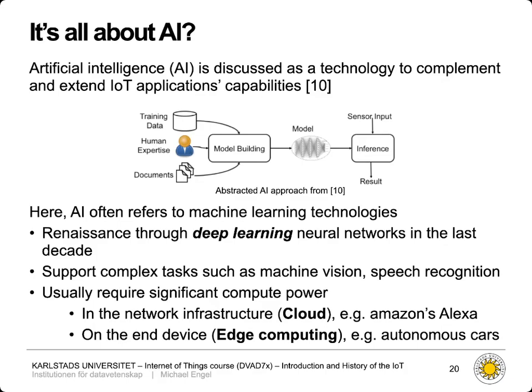So, combined with the higher computing power enabled by Moore's law, these AI approaches actually enable neural networks to perform much more sophisticated tasks than before. And they're also part of all these modern technologies like autonomous cars and so on. So it can support complex tasks such as machine vision and speech recognition. Obviously, these are important for interaction with humans, interaction with the physical environment.